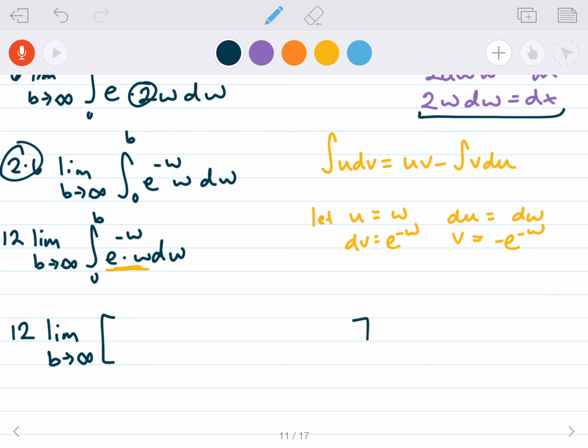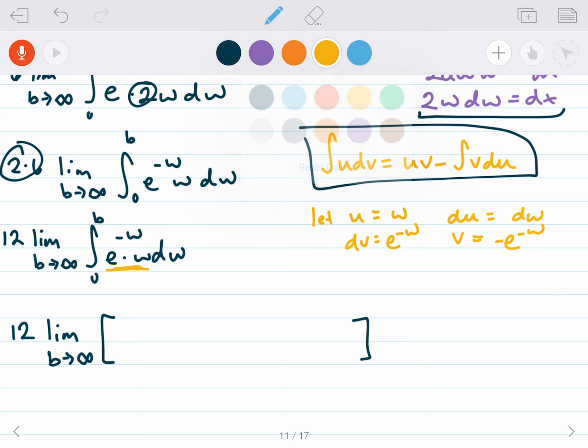Inside these brackets, I'm going to apply the right side of that formula. We have u times v, which is negative w e to the negative w, minus the integral of v du.